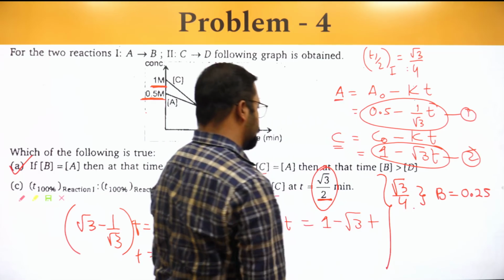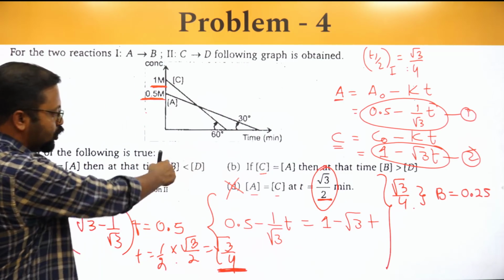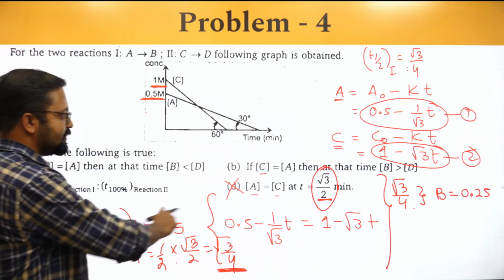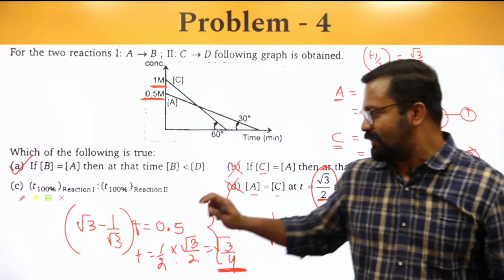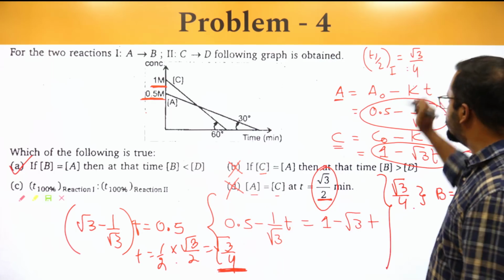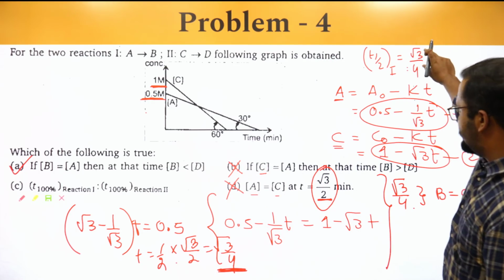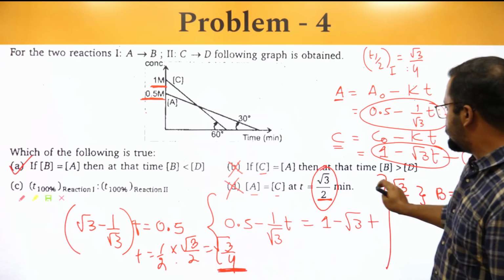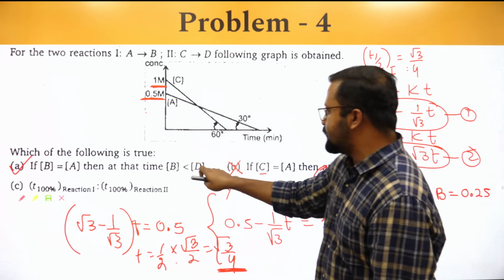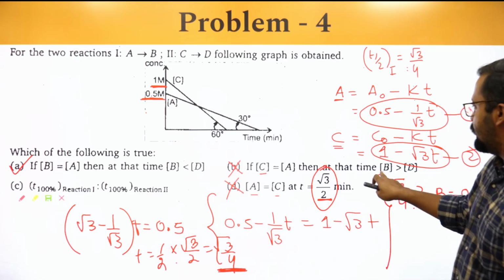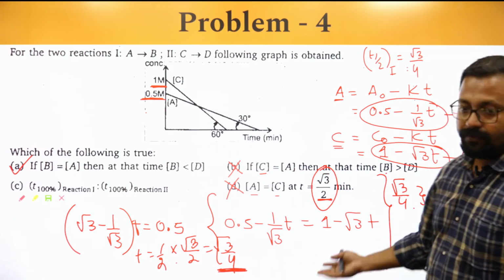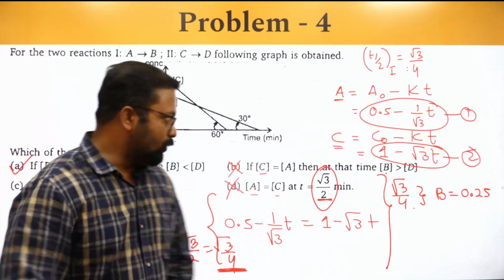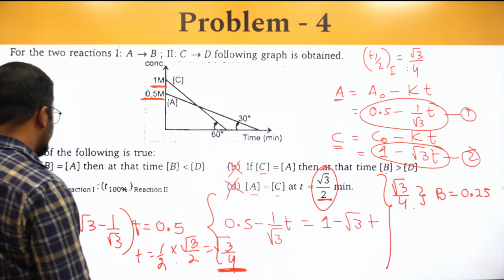At root 3 by 4, D turned out to be more than B. So if the first is correct, then B cannot be correct. If the first statement is correct, then the second statement cannot be correct, because at root 3 by 4 we identified that B was lesser than D, and it is written over here that B is greater than D, and C is equal to A at root 3 by 4. So B is incorrect, D is incorrect.